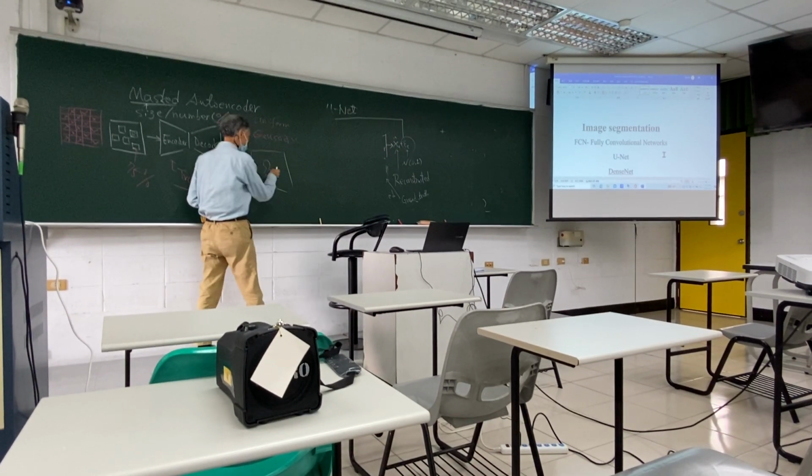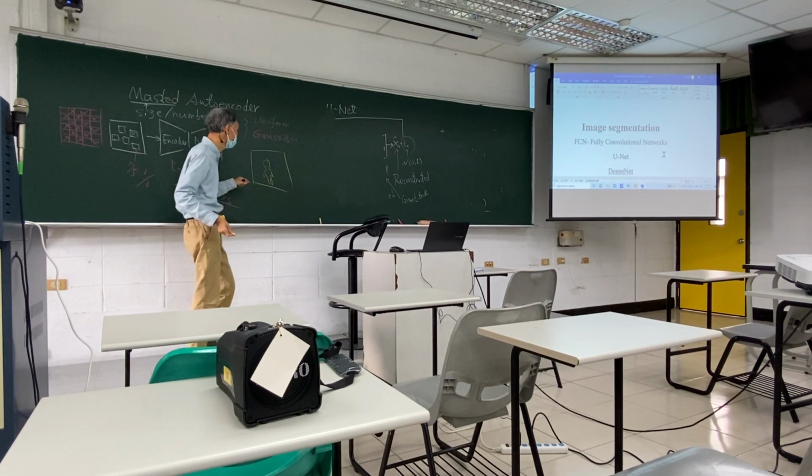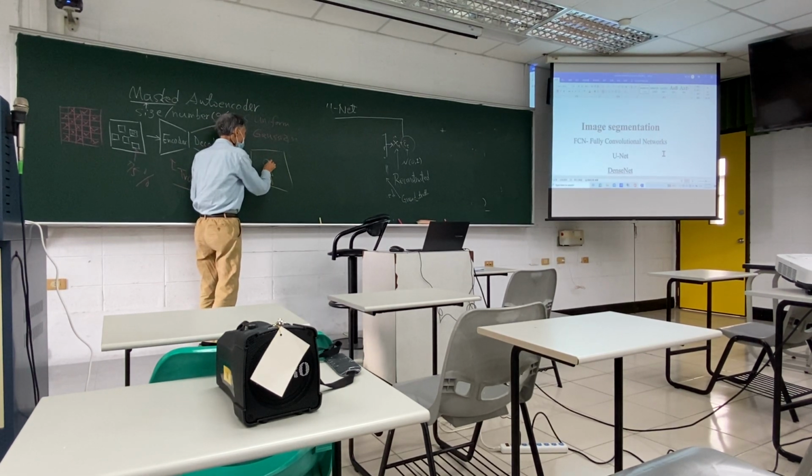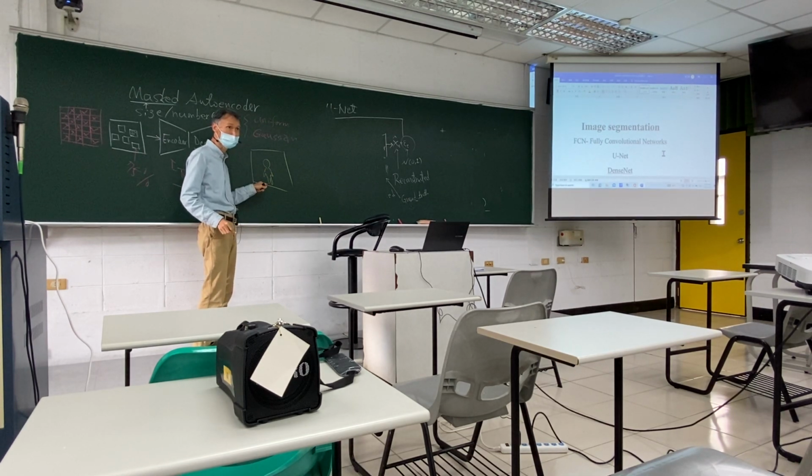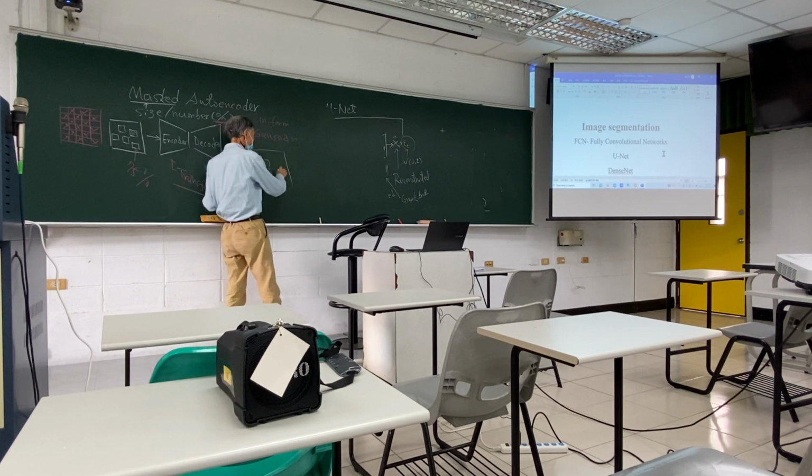So where is the person here? Of course, if you don't do it pixel by pixel, at least you need to find the boundary of the object, right? That's one of the things.